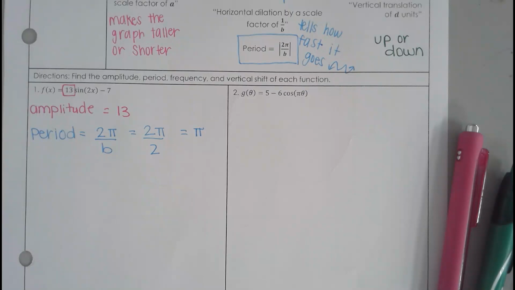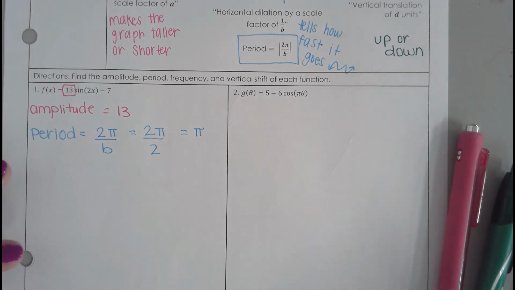If I was talking about this in terms of transformations, I would say that this is a sine function. Take the sine graph that we started with first thing today, and it had a horizontal dilation by a scale factor of 1 over 2. That same sine graph also had a vertical dilation by a scale factor of 13.